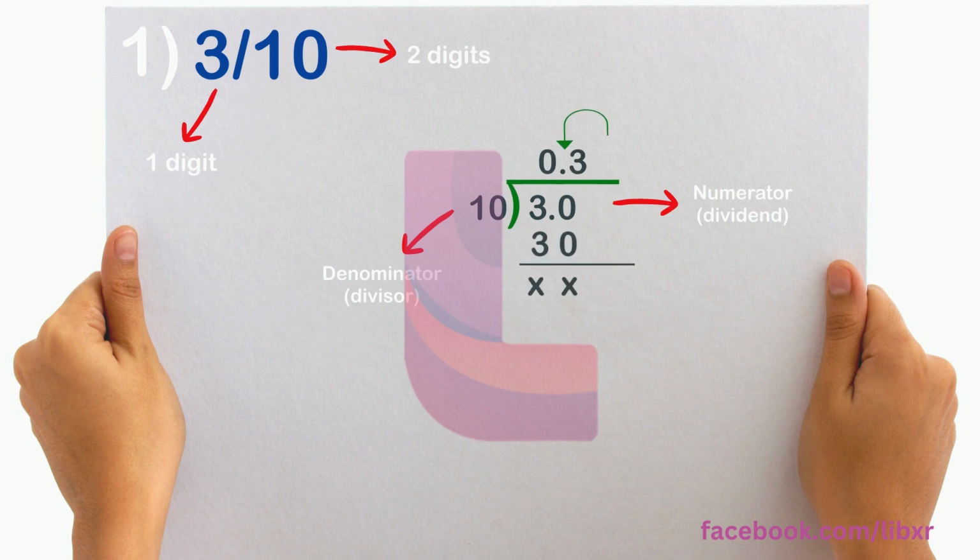Now count the number of zeros in 10. There is 1 zero, so we count decimal places from the right side of 03 and put the decimal point after 1 digit. It becomes 0.3. So 3 by 10 is equal to 0.3.